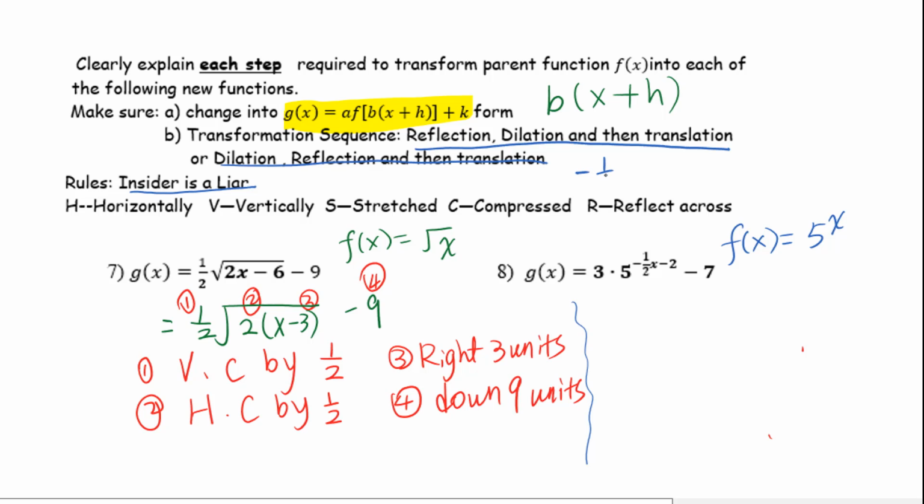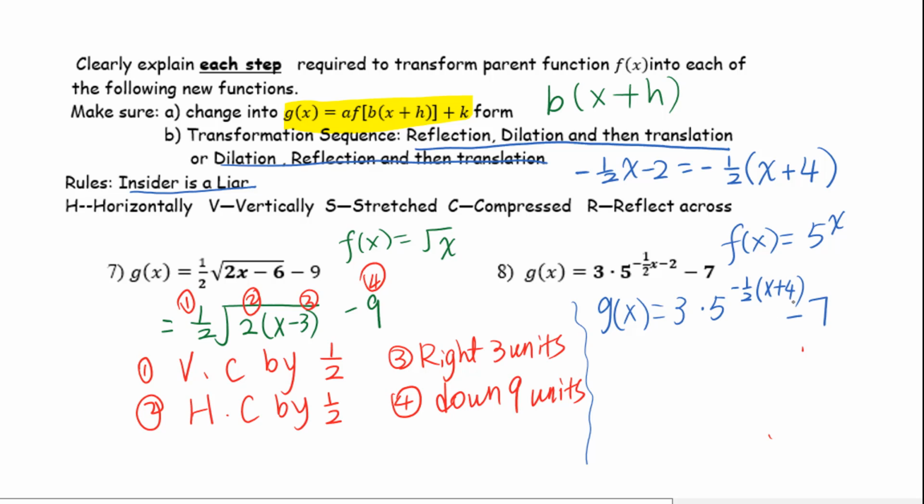For -1/2x minus 2, you will get -1/2 times x plus 4. g of x equals 3 times 5 to the power -1/2 times x plus 4, then minus 7. This will be the first step. The negative sign is the second step. 1/2 is the third step, fourth step, and a fifth step. So we have a vertical stretch by a factor of 3.